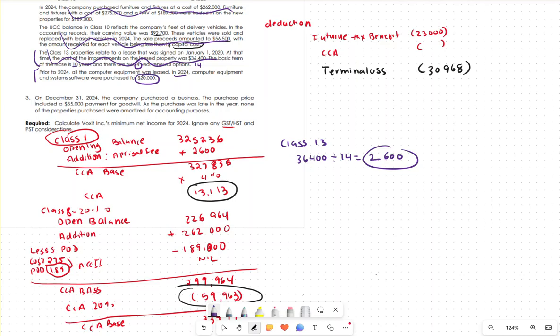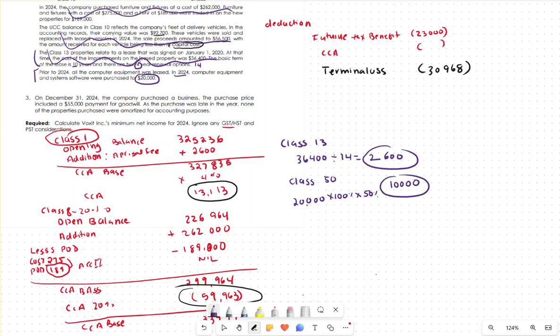So this will go under computer equipment and system software, which is class number 50. Under class 50, the cost was $20,000. We're allowed 100%, but we have to take the half year rule on that, and that will be my 10,000. That will be the CCA that we are allowed.